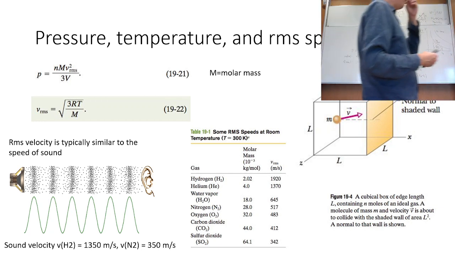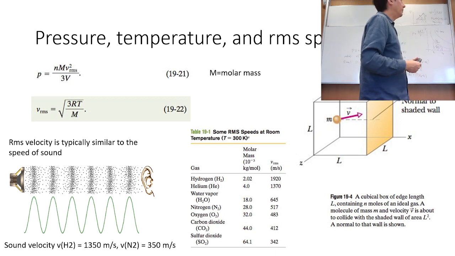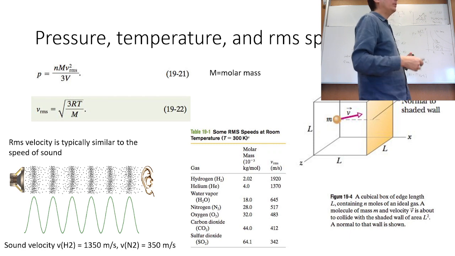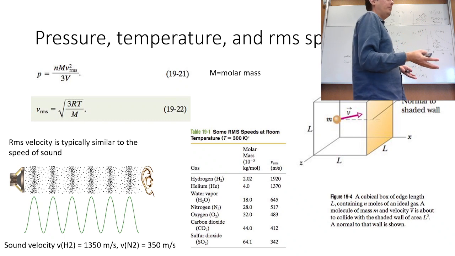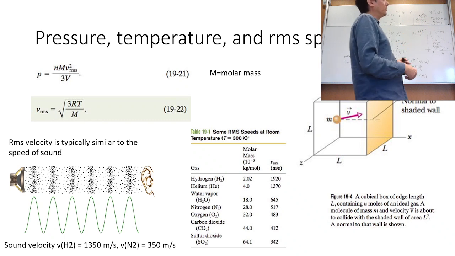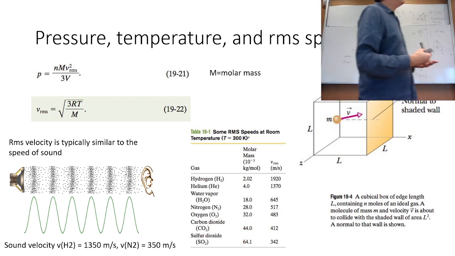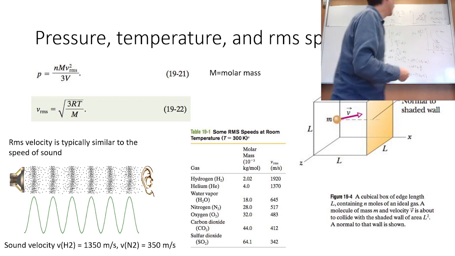So let's try and figure that out. I'm just going to sketch the approach here. We're not going to be able to fully derive the PV equals nRT thing, but we are going to get part of the way there so that we can make some interesting conclusions.